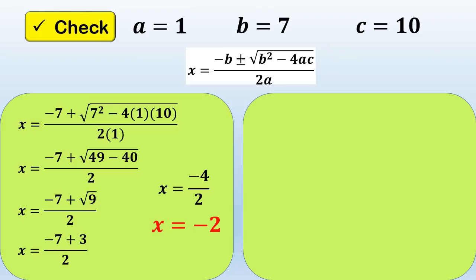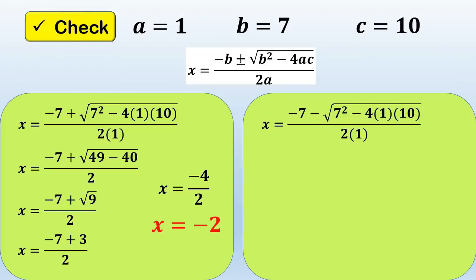So the first root that we get here is negative 2. Next, let's use the negative sign. So x is equal to negative 7 minus. So first equation, we use positive. Second equation, let's use negative. So negative 7 minus square root of 7 squared minus 4 times 1 times 10 over 2 times 1.